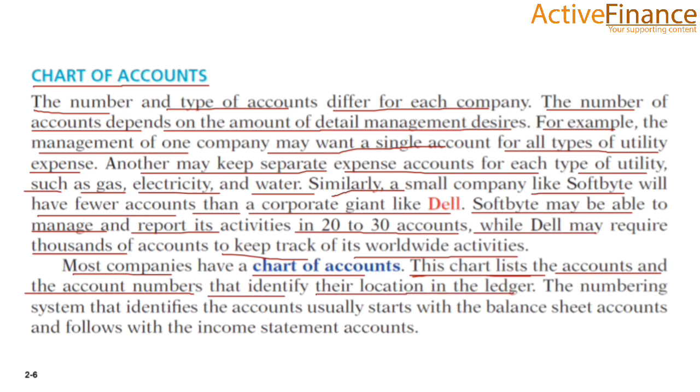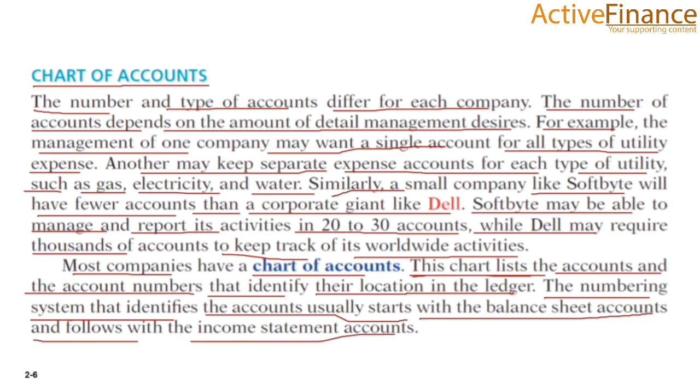It will create ease for the accountant to know where the entry is made. That's why we provide the account numbers. The numbering system that identifies the accounts usually starts with the balance sheet accounts, as we learned, and follows with the income statement accounts.